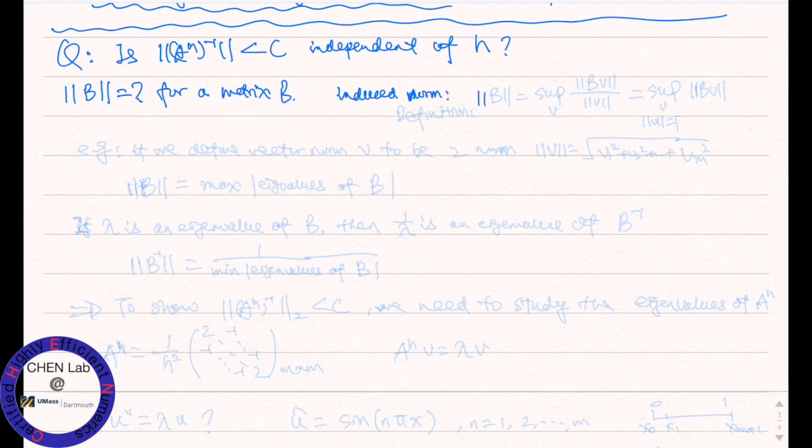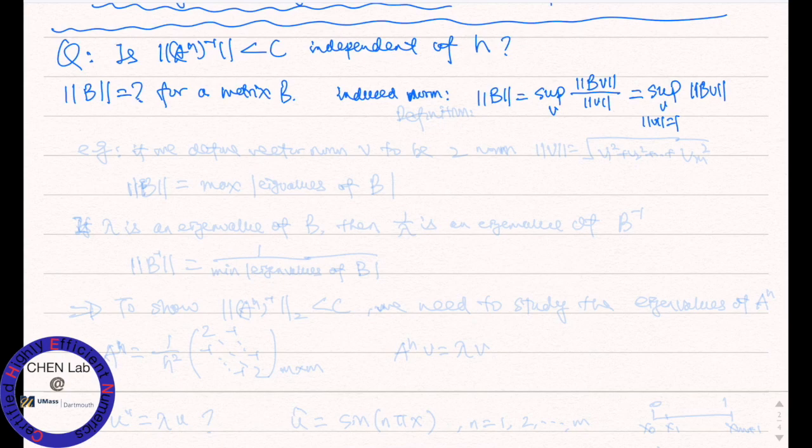What that means is that it defines the norm of matrix B to be the supremum over all V such that if you apply B to some vector V, you get another vector. You divide the norm of that vector by the norm of V. This is the same as restricting to those V whose norm is 1, so you divide by 1, and it is just the norm of BV.